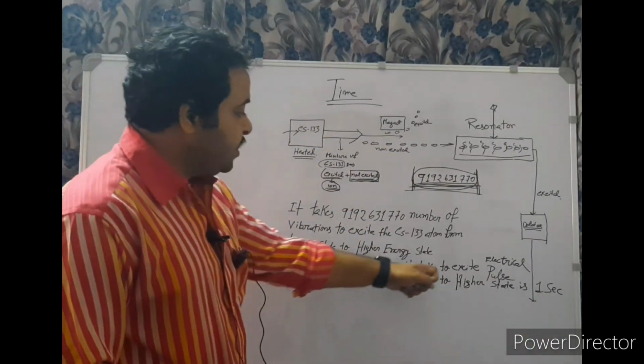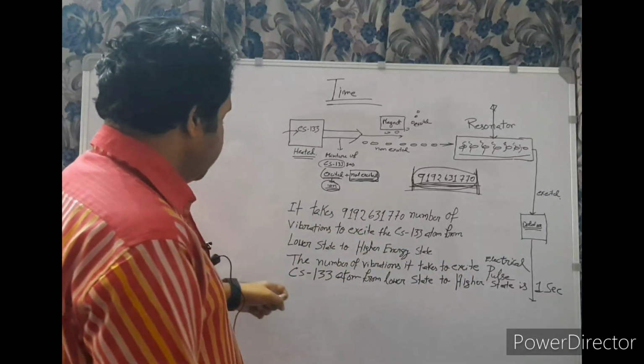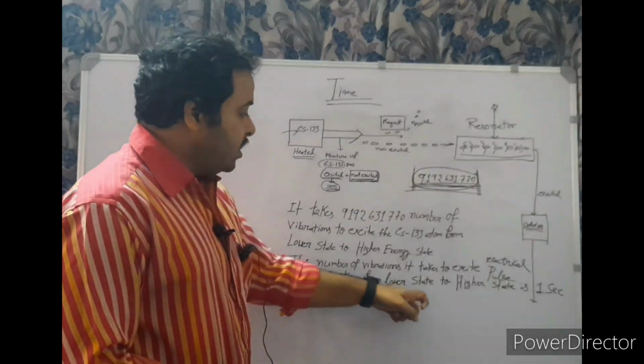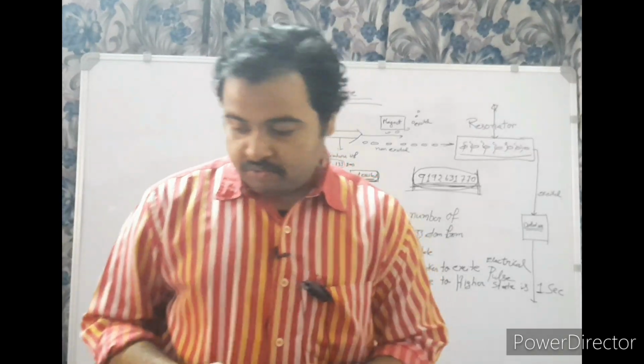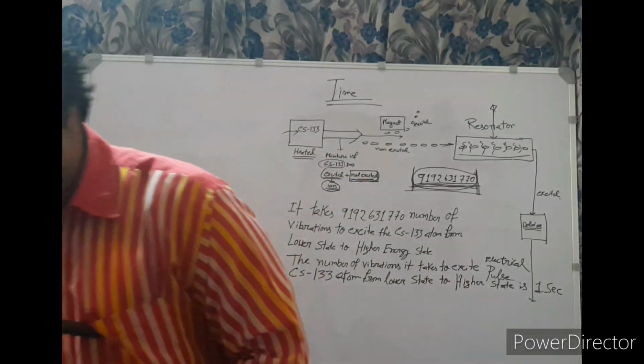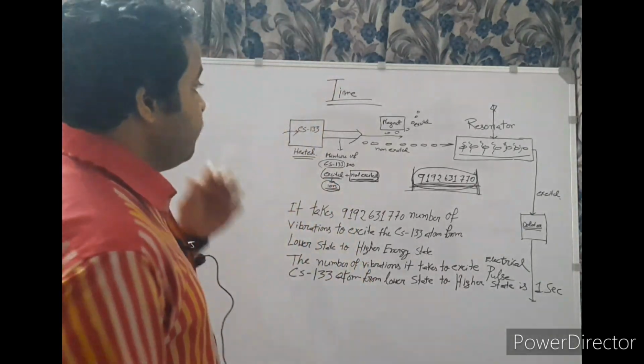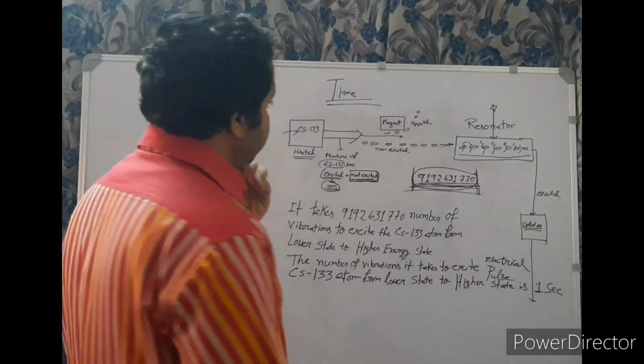The number of vibrations it takes to excite cesium-133 atom from lower state to higher state is 1 second. So we have success now. This is the measurement of 1 second we use now.